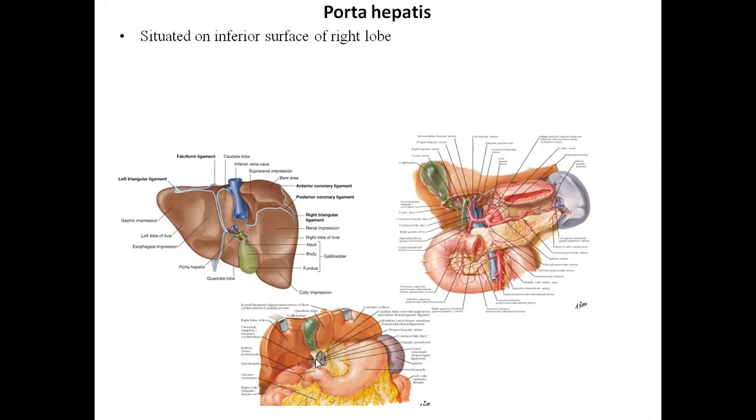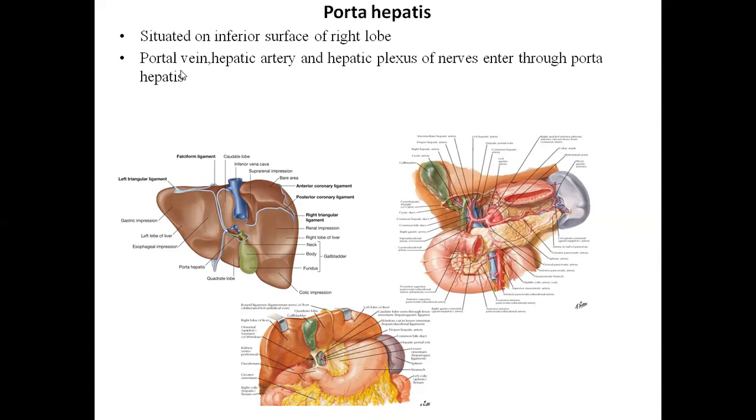And this area is the porta hepatis, where structures are entering into the liver and leaving the liver. Similarly, in this magnified view of this area, you can see the porta hepatis, where structures are entering and leaving the liver. It is very near to the gallbladder. It is situated on the inferior surface of the right lobe.